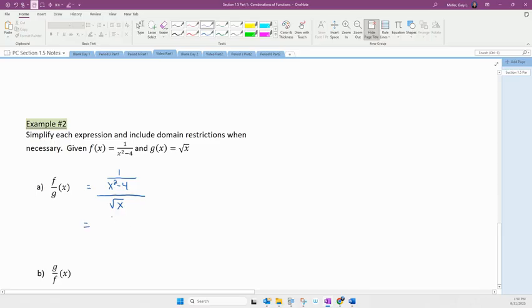So this is really just saying 1 over x squared minus 4 times the reciprocal, so 1 over the square root of x. And so I believe we are sitting here with f divided by g of x equaling 1 over the square root of x times x squared minus 4.